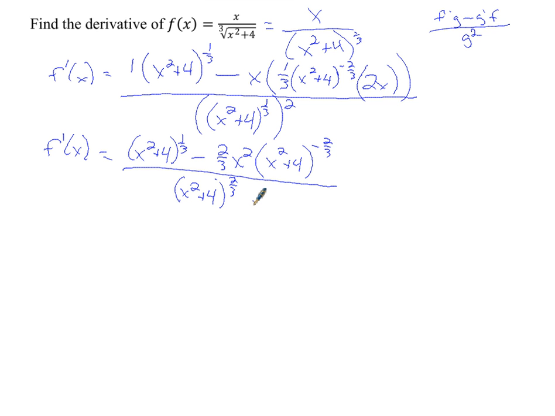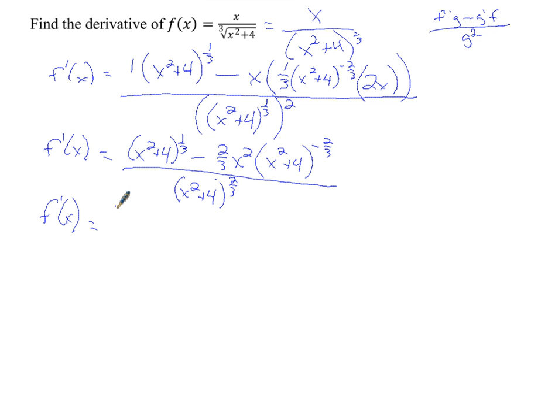Factor out least powers. And I'm talking about in the numerator here. F prime of x equals? What's the least power? It's actually negative 2/3 that I'm going to factor out. The least power, positive 1/3, negative 2/3 is definitely negative 2/3. That's the lowest exponent, or the furthest on the left on the number line. That's what I mean by least powers.